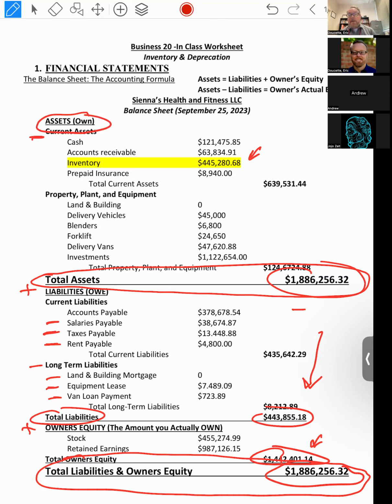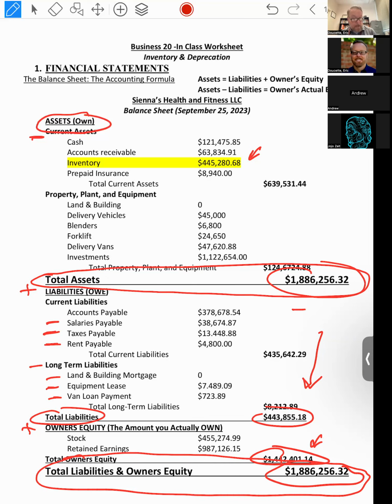Or if I want to pay less in taxes at the end of the year, which we'll see in a minute on the income statement, then I want to calculate my inventory so it looks smaller, it looks lower. And the different ways that you calculate inventory allows you a little bit of flexibility in your income statements and in your balance sheet to say where you're at as far as assets.